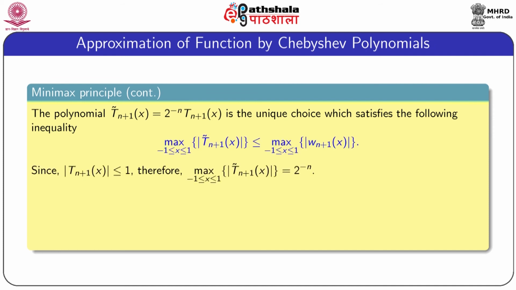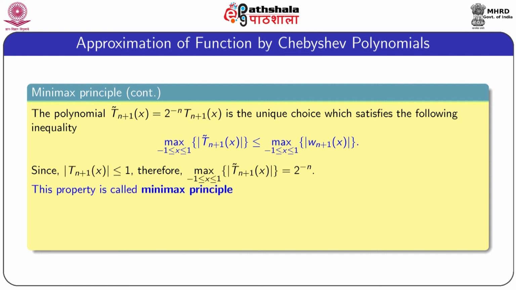Again, the absolute value or the maximum value of T n plus 1 of x is 1. Therefore, the maximum value of T tilde n plus 1 of x, that means the absolute of the maximum values of this function over the interval minus 1 to 1, is equal to 2 to the power minus n.